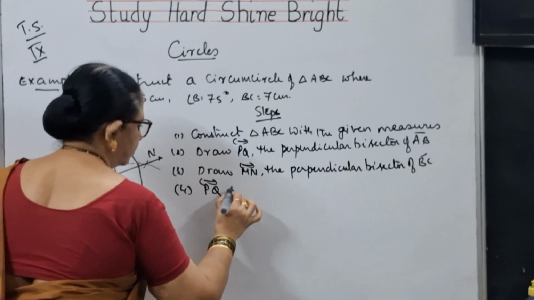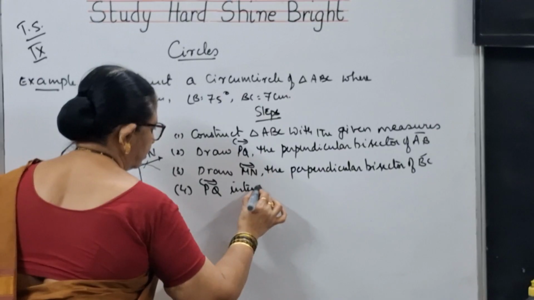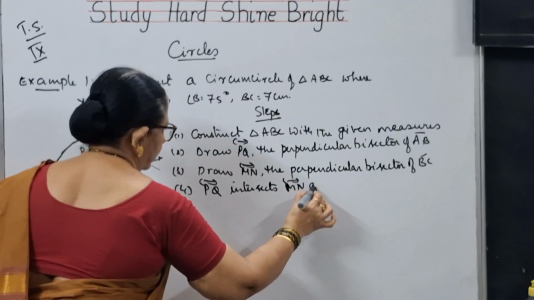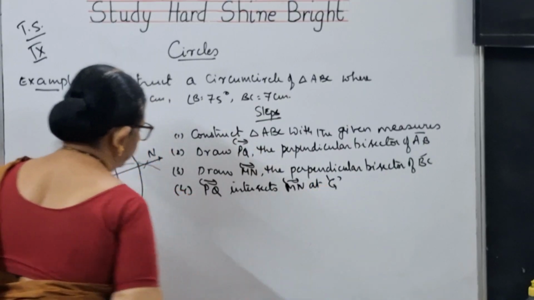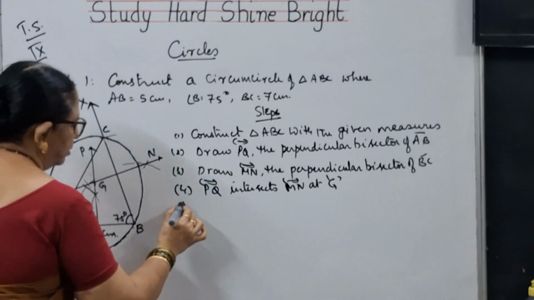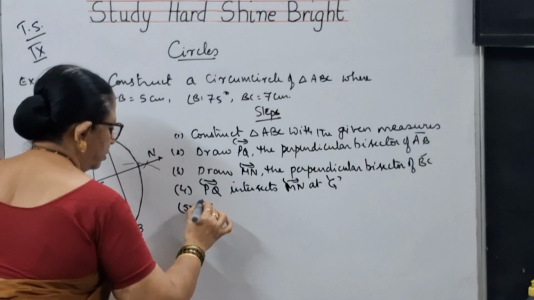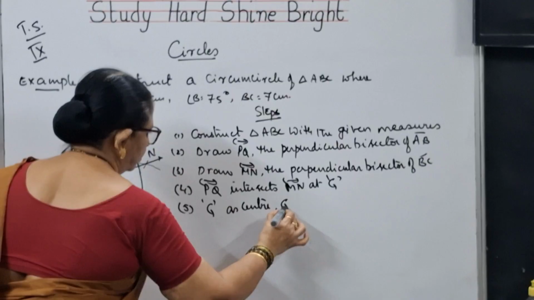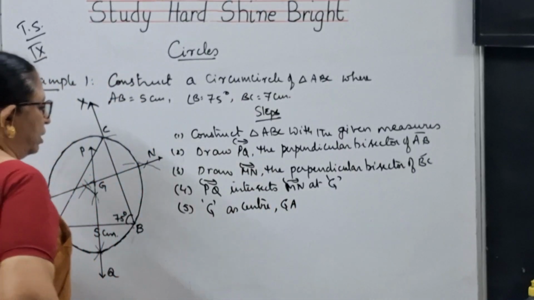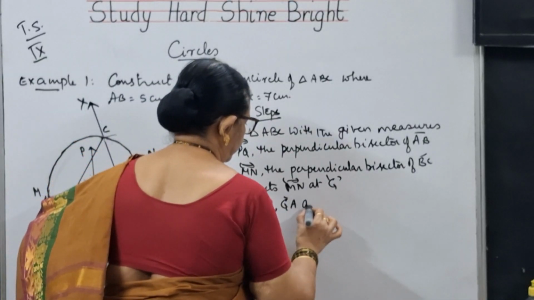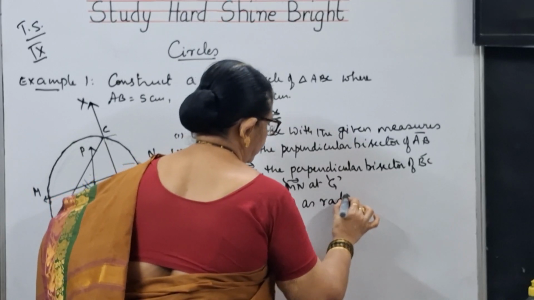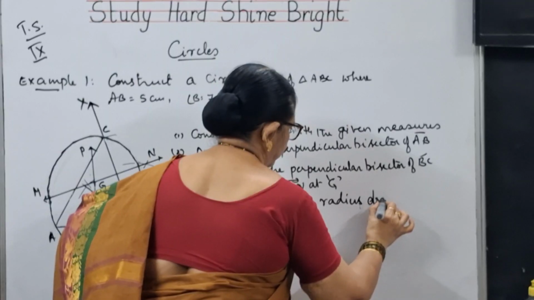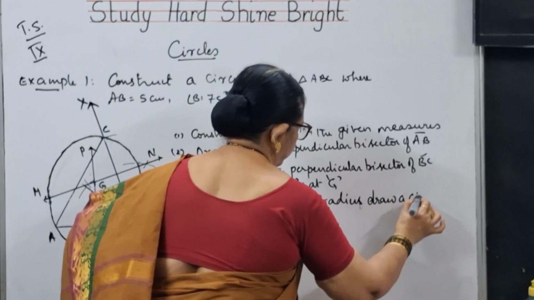Now, fourth point, PQ intersects MN at G. See point, this is G. Fifth point, G as a center, GA, anything you can write, GA as a radius, draw a circle.